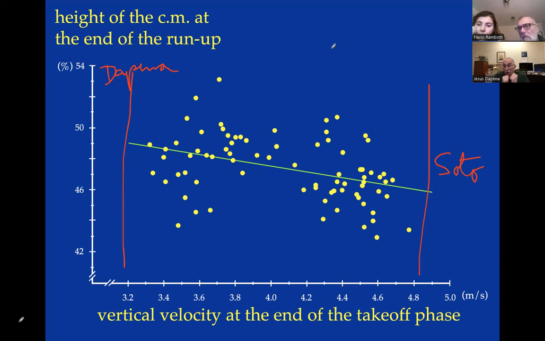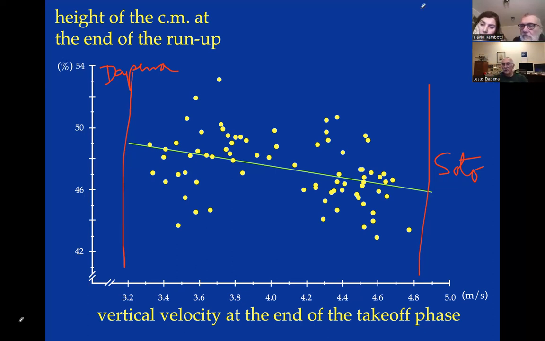And if you're very short, your center of mass is going to be low. So we need to make a correction, an adjustment for that height. So we're going to express the height of the center of mass as a percentage of the athlete's standing height. So that way we can compare athletes, even if some are short and some are tall.